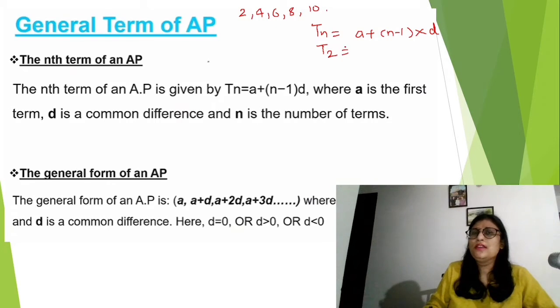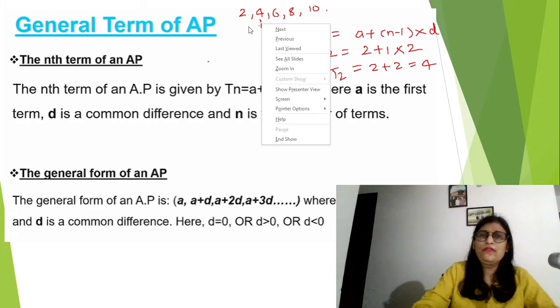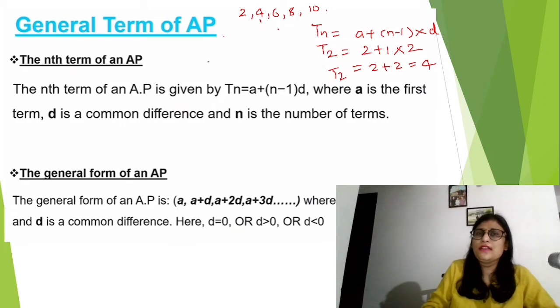A is 2, n minus 1 will be 1, and the difference is 2. So 1 into 2 is 2, and 2 plus 2 is 4. We can check our series: the second term is 4. So the formula we have generated is correct.